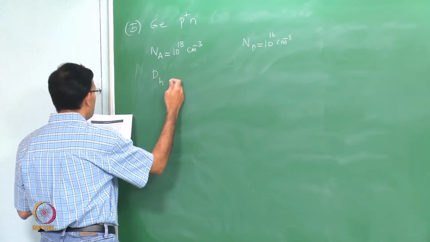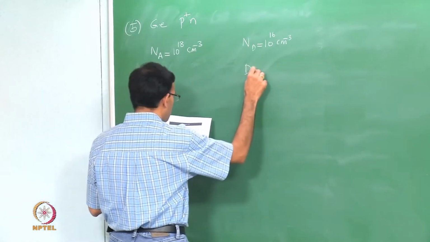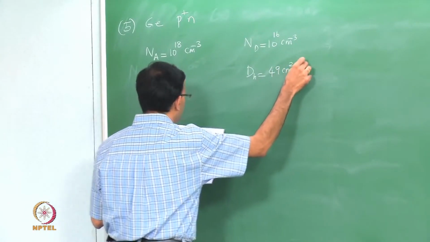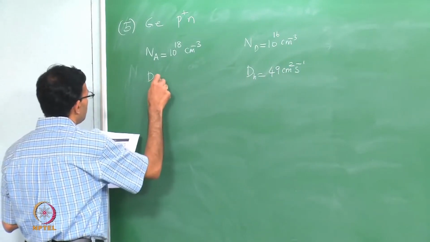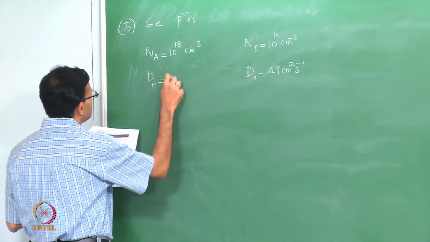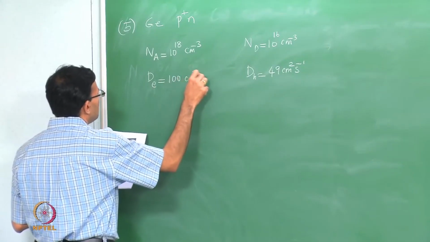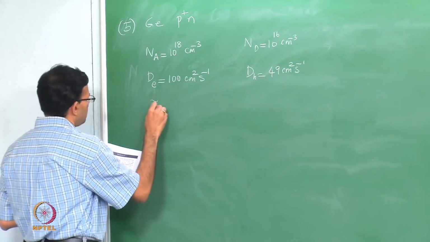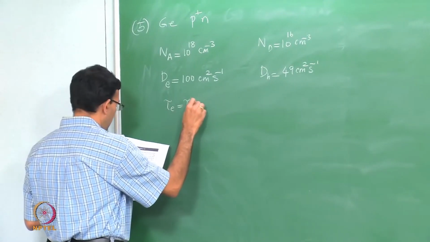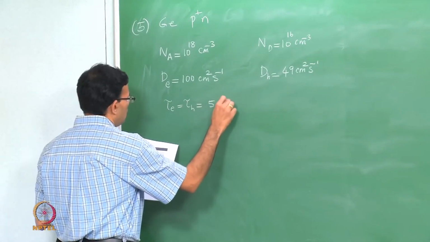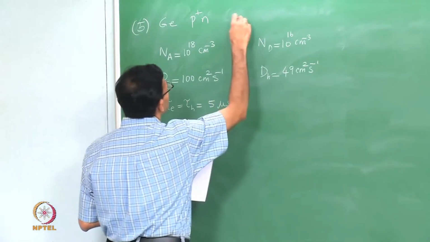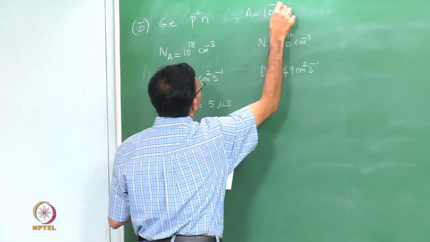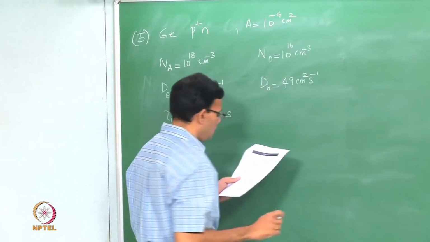D H is 49 centimeter square per second, D E, because we are looking at minority carriers, is 100 centimeter square per second, tau E is equal to tau H, which is equal to 5 microseconds, and the cross sectional area is 10 to the minus 4 centimeter square.